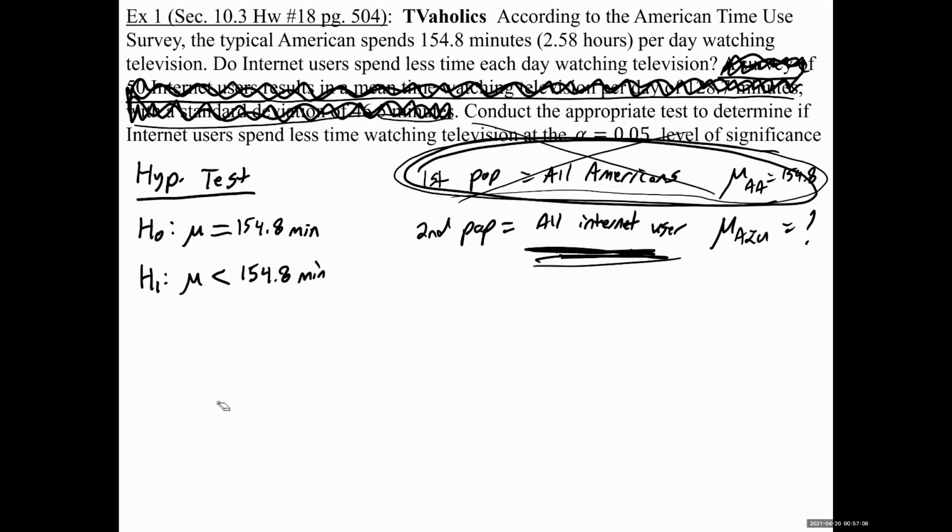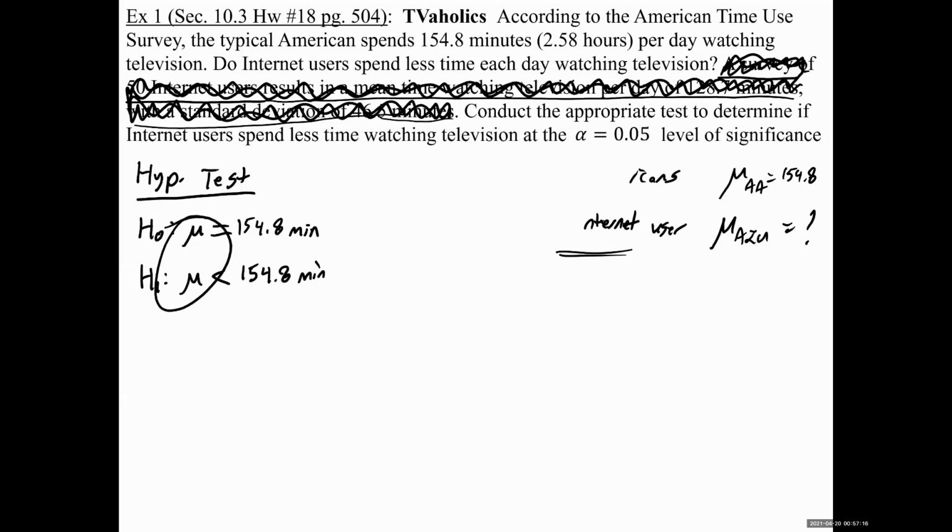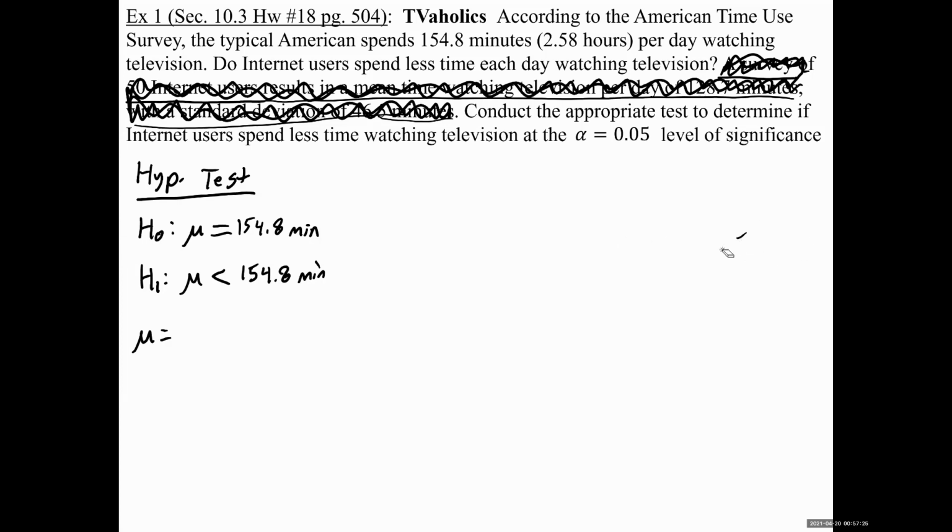After you've figured out what H0 and H1 are, the last thing to do is to write down, if you use any symbols, and we use the symbol mu, what mu stands for in words. Mu equals what? Mu is the average.